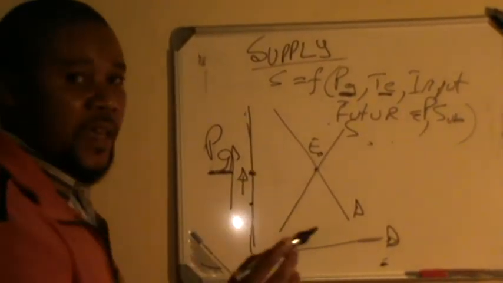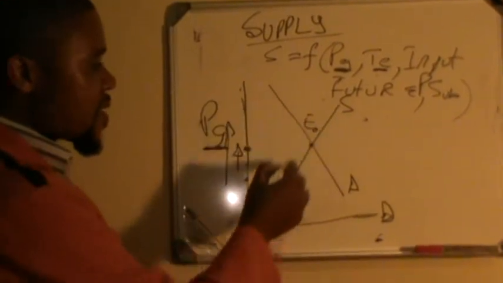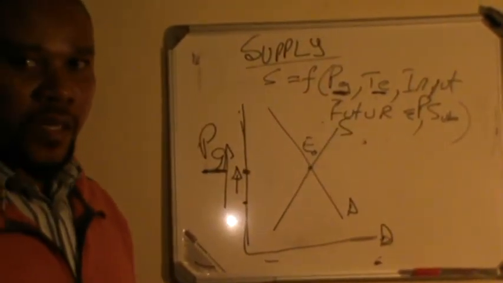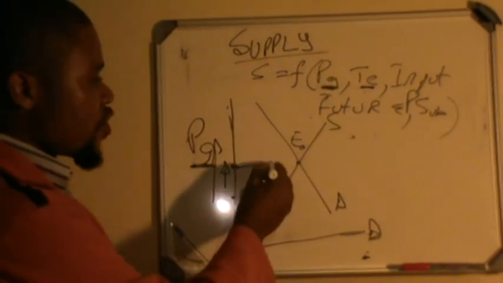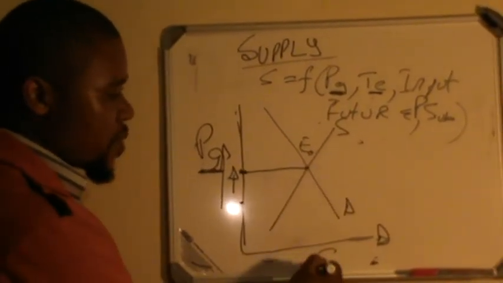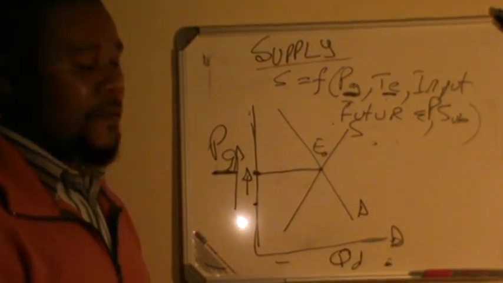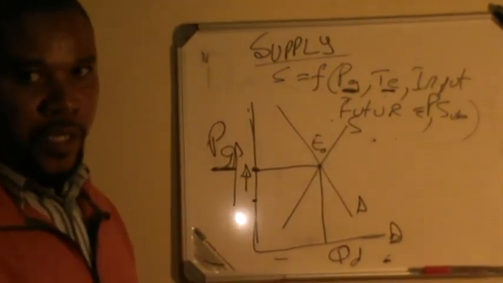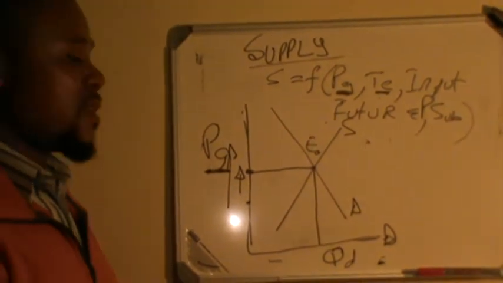And the interaction between the demand curve and the supply curve gives us, or signals to us, the price at which a particular good should be sold in a market. And it also tells us how much of that good is going to be supplied in the market.